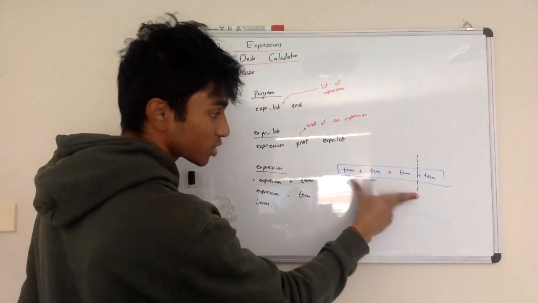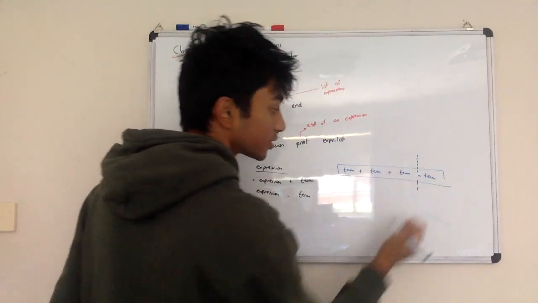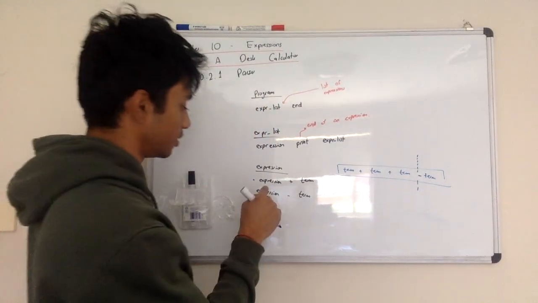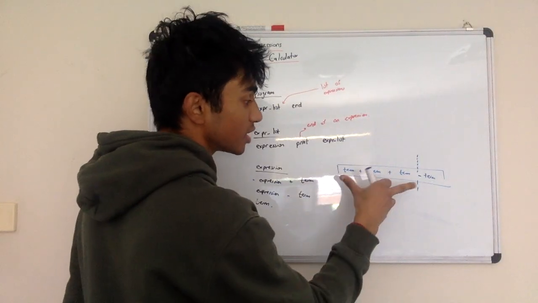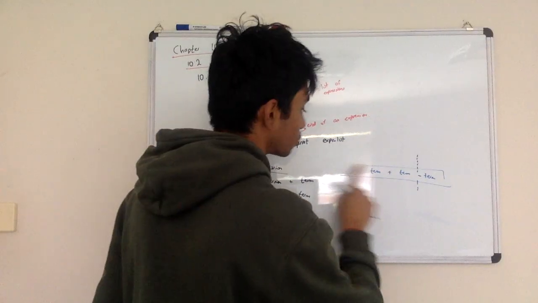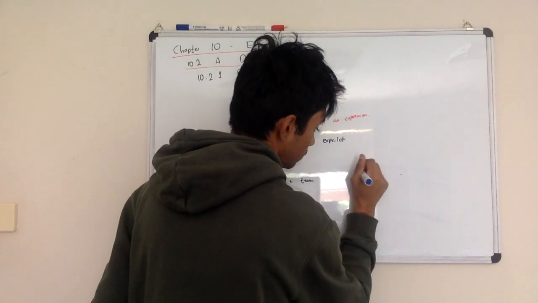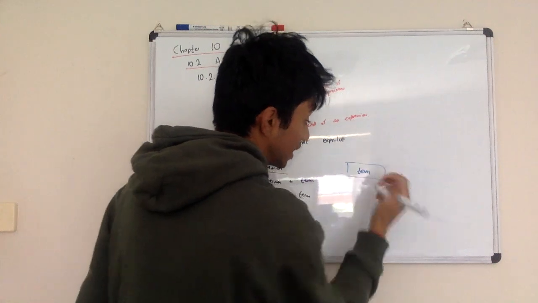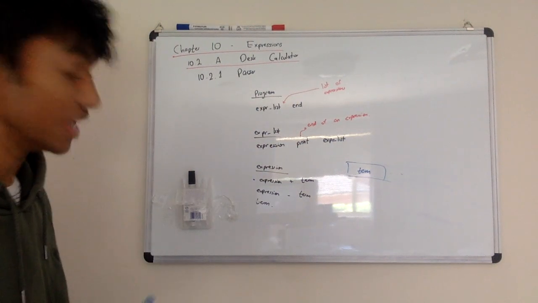It's a slightly shorter expression plus the term. Similar idea with the minus, right? An expression minus a term, because an expression can be expressed as a shorter expression minus a term, and we also say that an expression could just be one term by itself without any pluses or minuses. We could say that a term, just by itself, is in itself an expression.